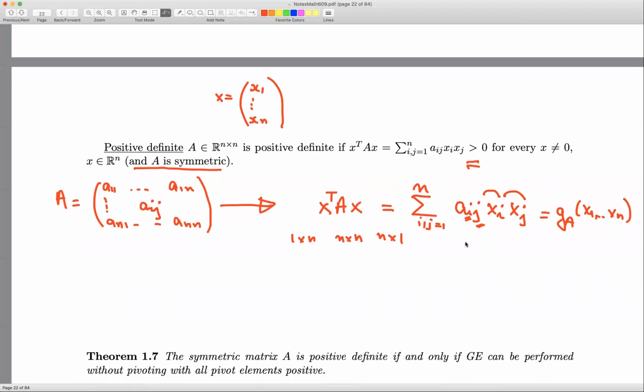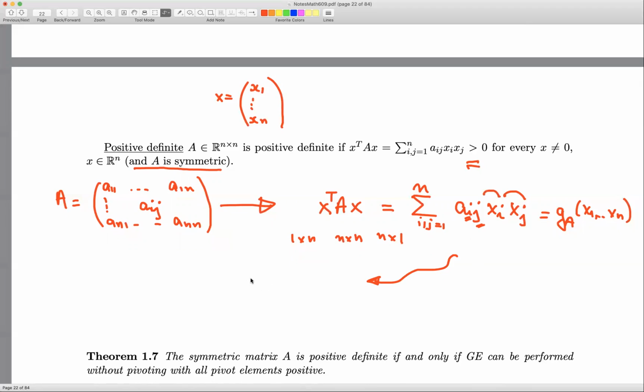Now, what is happening is that once you have the quadratic form, so you have your matrix A, the matrix A creates a quadratic form. You can go back and actually find a lot of matrices that have created this particular quadratic form. And among these matrices, there is a symmetric matrix that created this quadratic form.